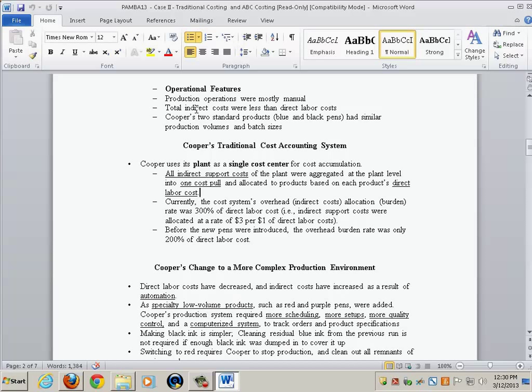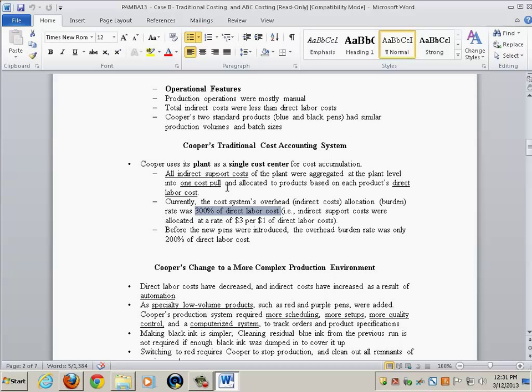So this is a quick and dirty primitive assumption, but its advantage is that it's simple and requires simple calculations. Currently the cost system overhead allocation rate is 300% of direct labor costs, which means the indirect support costs were allocated at a rate of $3 per $1 of direct labor cost.